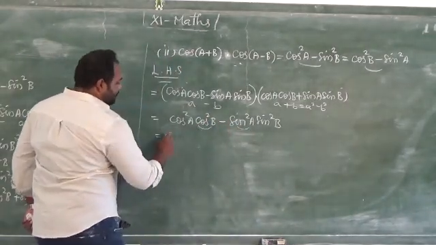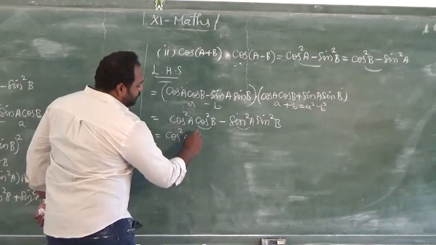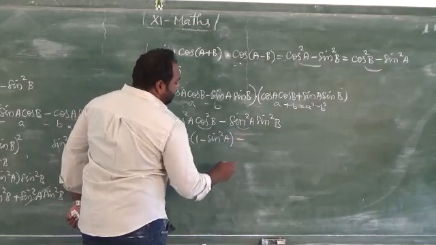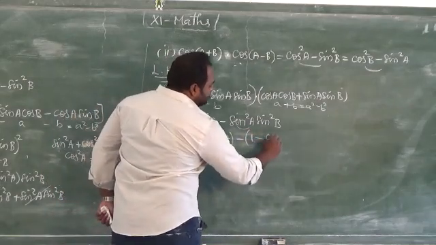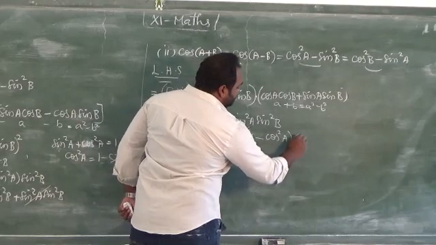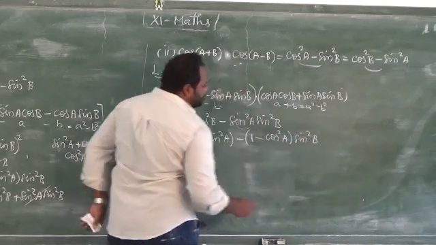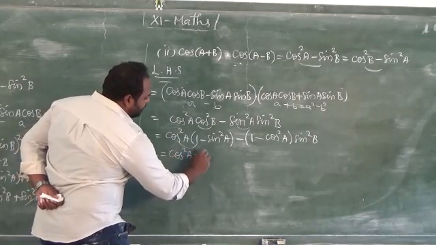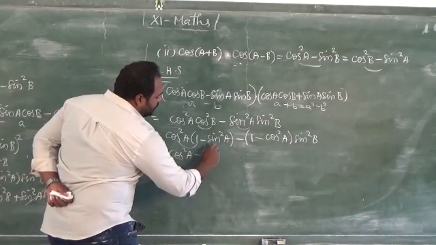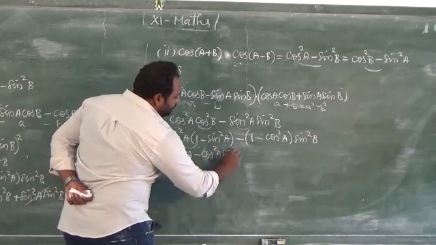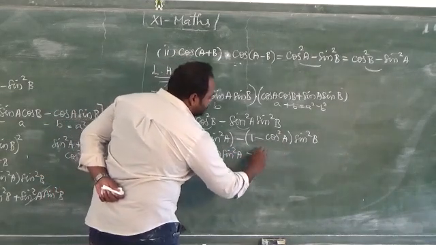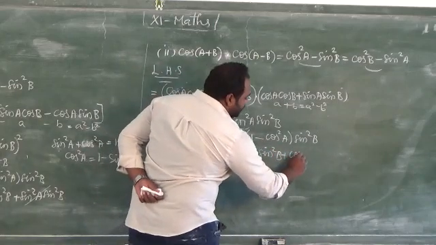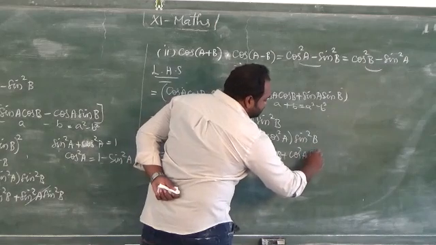So this can be written as cos square a into 1 minus sin square b, minus, this is 1 minus cos square a, sin square b. Now multiply inside the bracket: cos square a minus cos square a sin square b, minus into minus plus cos square a sin square b.